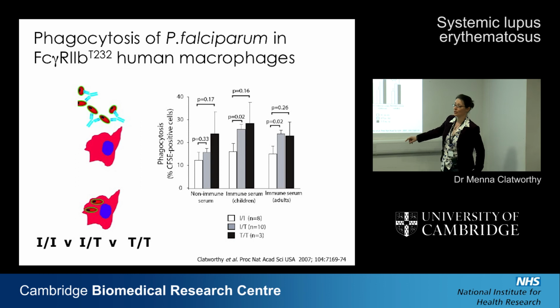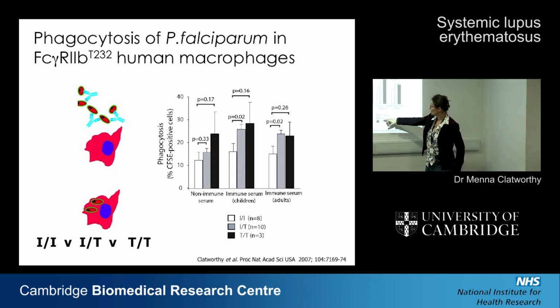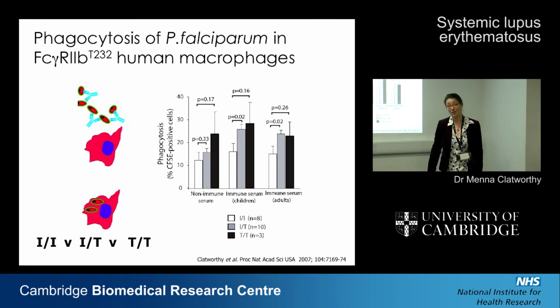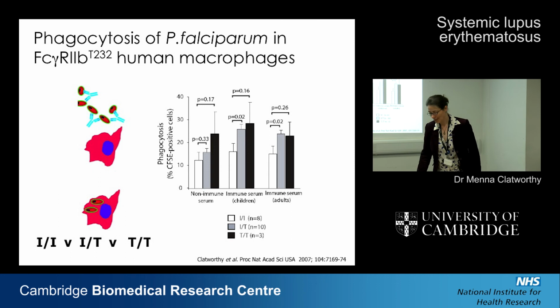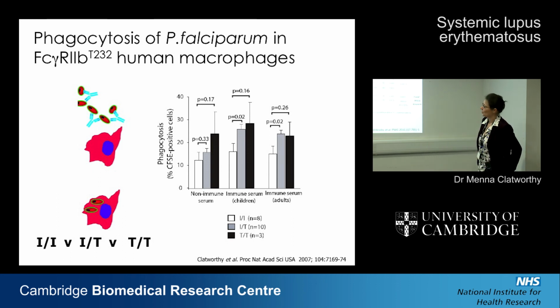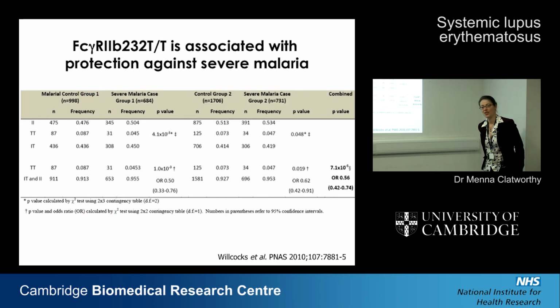One of the problems with using humans is that the error bars are always very wide. But you can see, interestingly, that possibly heterozygotes had an advantage too, which again may explain some of the selection. And then to nail this, Lisa went on to do a genetic study where she looked at genetic samples obtained from children in Kilifi in Kenya who had gone in with severe malaria.